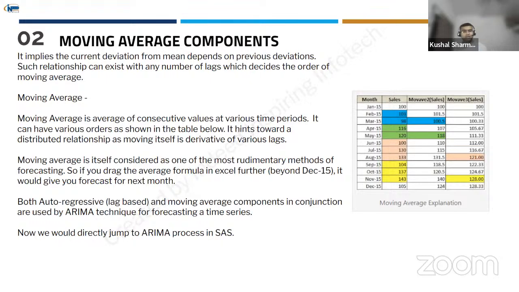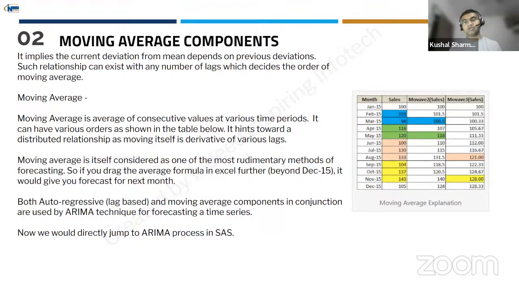Now let us move ahead. So moving average is the average of consecutive values at various time periods. It can have various orders as shown in the table. Sales, then lag one and lag two. Okay, that is how it is given over there. So this is basically getting the average from the previous data.